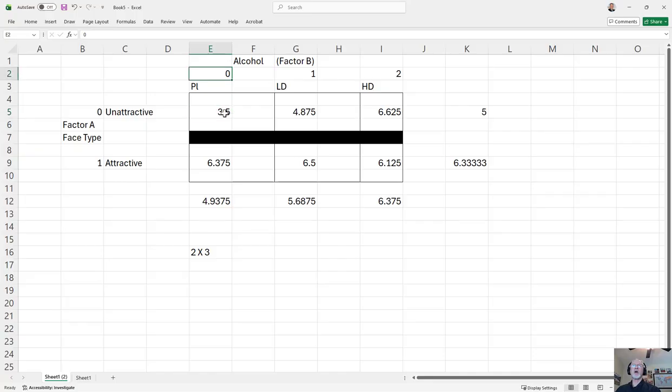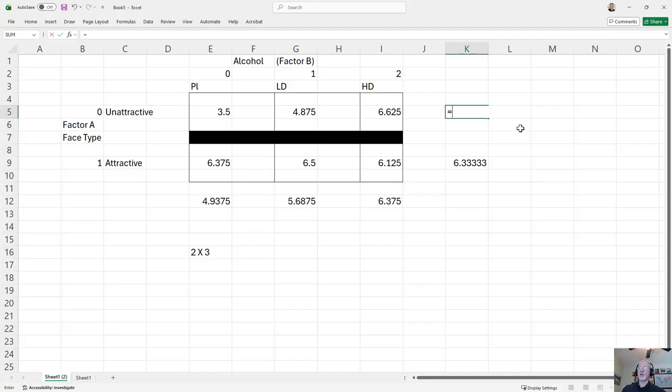Placebo, no alcohol consumed, a medium amount of alcohol consumed for level number 1. Level number 2 is a high dose of alcohol consumed, and we do this for both the unattractive individuals and the attractive individuals. And we get our cell means and we get our marginal means.